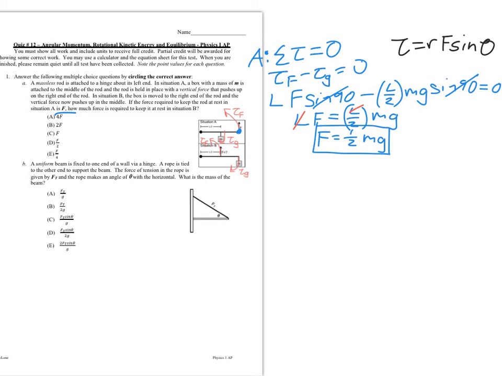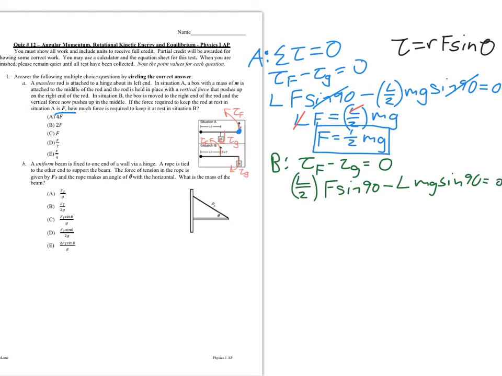I'm now going to set up my new force when I switch around the locations. And so the basic setup is the same here for B. We can still say the torque from the force minus the torque from gravity equals 0. However, now L over 2 is the radius for the torque from the force. So that times F times sine of 90 minus L, which is where that mass is now, times mg times sine of 90. That equals 0.